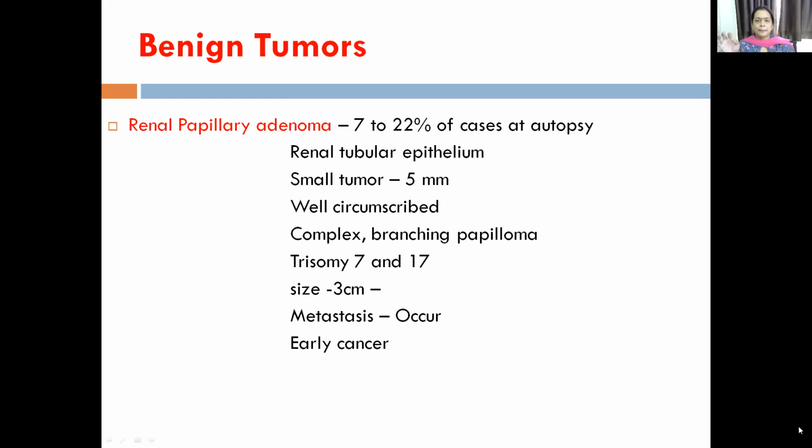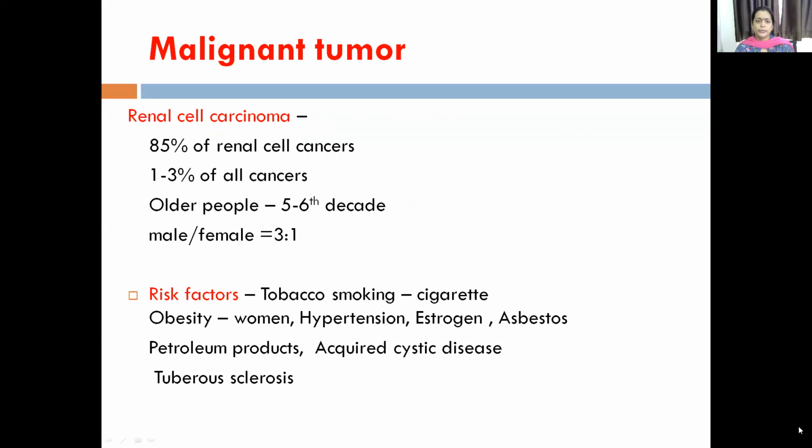Complex branching papilloma can be seen, but the cells are benign and uniform looking. It is associated with the genetic abnormality of trisomy 7 and 17. The metastasis can occur and early cancer can be seen in renal papillary adenoma.